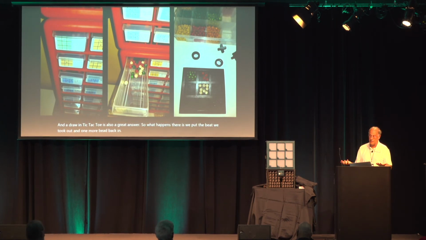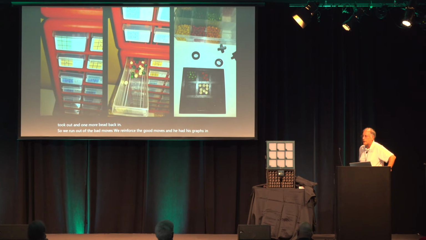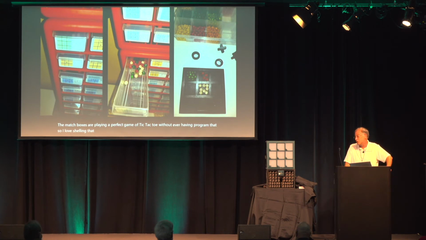So we run out of the bad moves, we reinforce the good moves, and he has graphs in his original paper that I didn't reproduce here that show that after about 210 games, the Matchboxes are playing a perfect game of tic-tac-toe without ever having programmed it. So I love showing that, and my audience is usually able to understand my explanation.